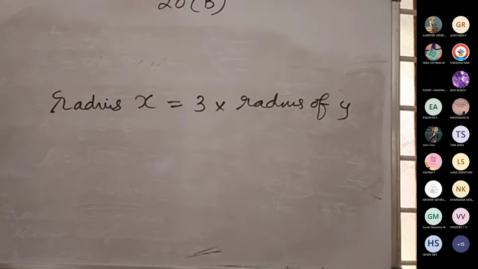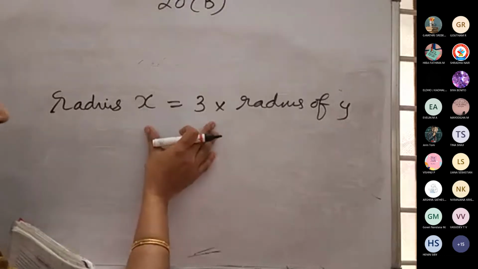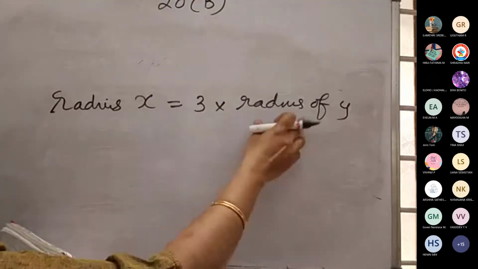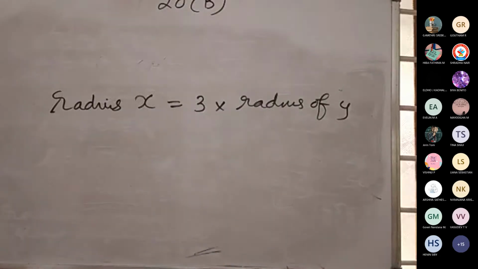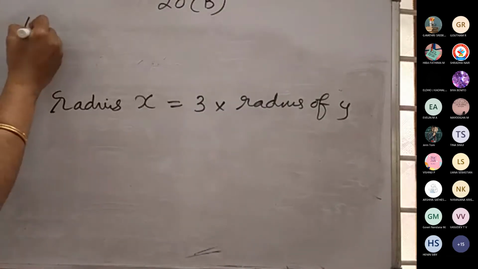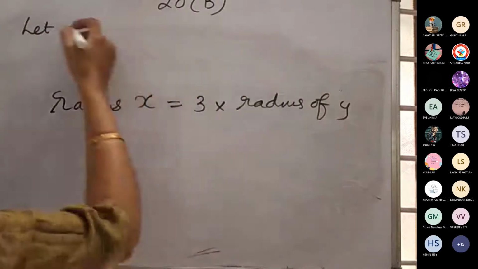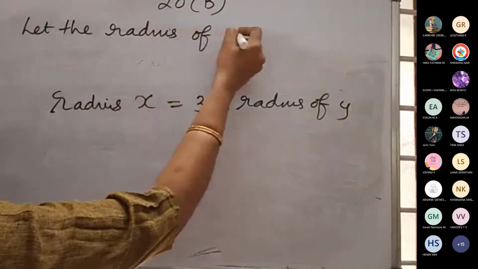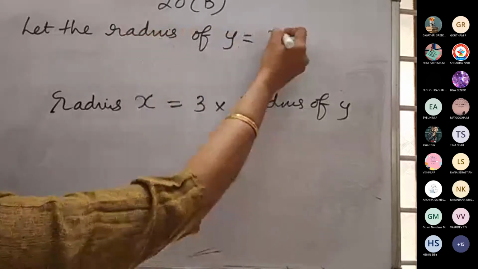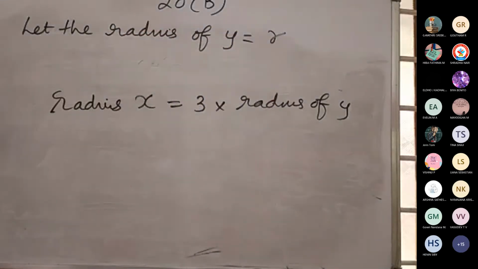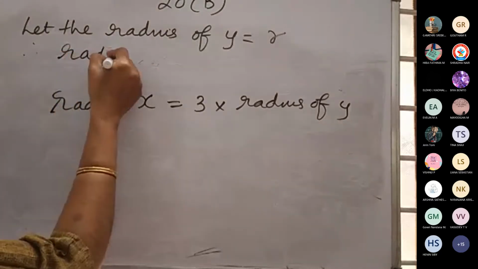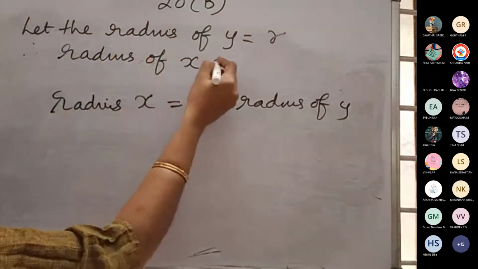So first we are relating with the radius and after that relating with the volume. So what will be the radius of Y? We don't know the radius of Y. Let the radius of Y be small r, we can assume. Don't write first, listen to me. Therefore, what will be the radius of X?